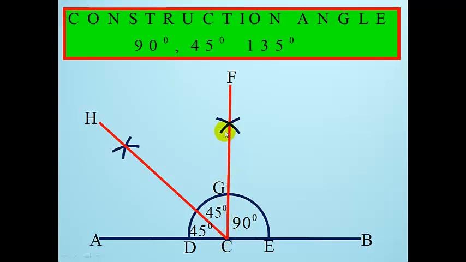After constructing the 90 degrees angle, you now bisect the angle 90 to get 45. When you add the angle 45 to the angle 90, you get a 135 degrees angle. So that is how we construct the 135 degrees angle in general at a point.